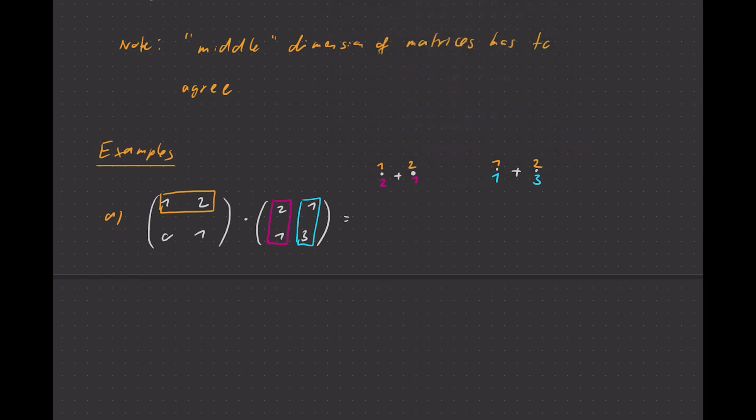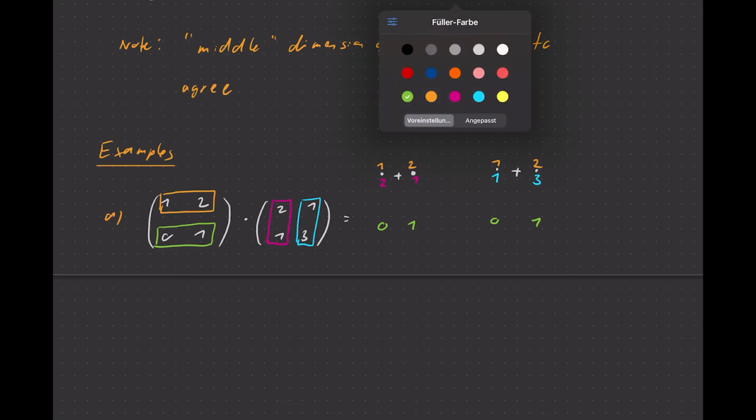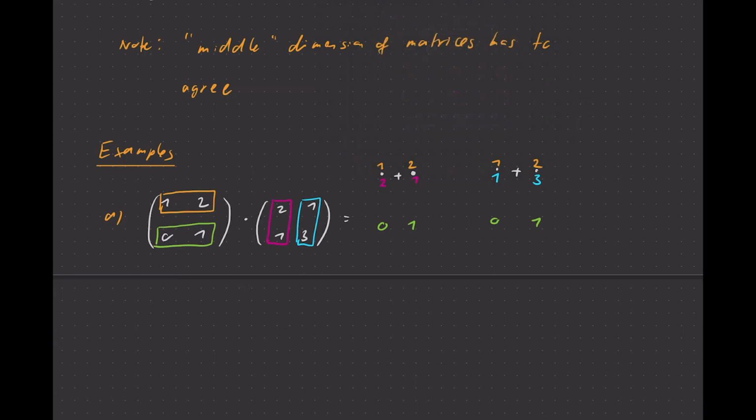Now let's have a look at the second row of the left-hand side matrix, and we will use that for the same thing, basically. That will give us the entries in the second row of our result, here and here. For the first column, we again use this column here, 2, 1.